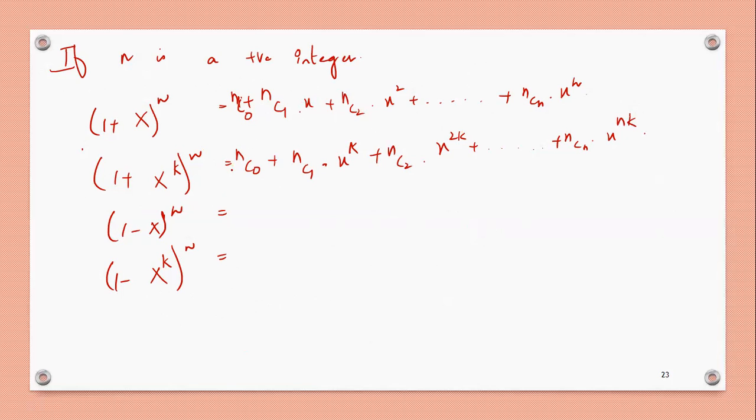Okay. Now, the next thing is, similarly, instead of plus x, now I have minus x. So nC0 minus nC1 x plus nC2 into x square, alternating positive and negative signs. Similarly, for this also we will have x power k, and here alternating positive and negative signs. So these are all special cases of binomial theorem.